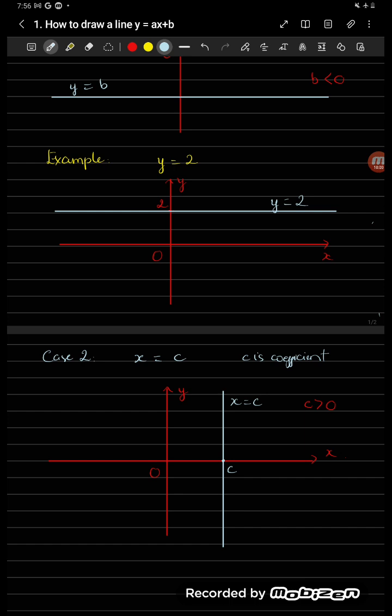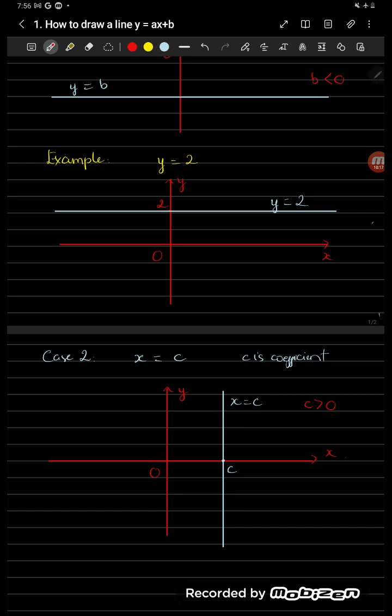If you pick any point on this line, that point will have a fixed x coordinate, which is c, but the y coordinate can be anything.